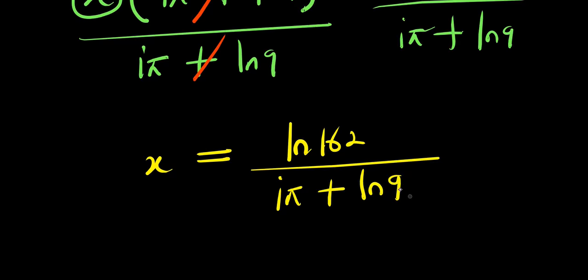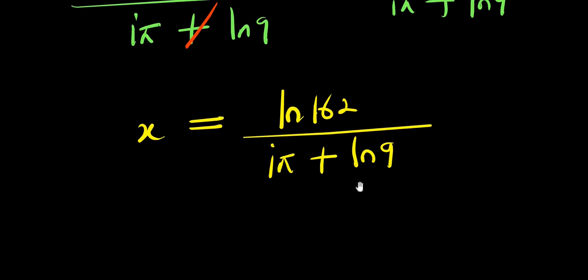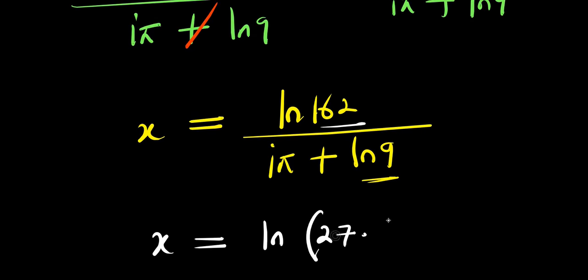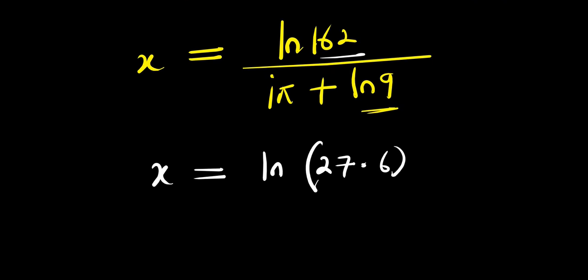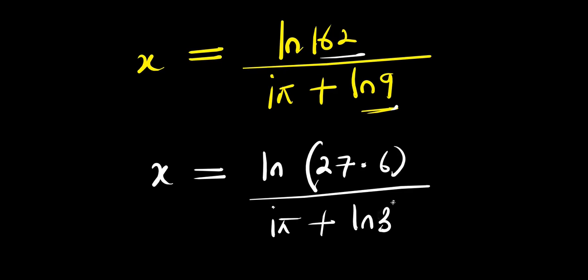Now we can decide to leave it this way, or you can simplify it further. Remember, I can express this natural log 9 as natural log 3 power 2, which is 2 times natural log of 3. So let's express it further. Now I can have x equals natural log 162, which is simply 27 times 6, divided by i times pi plus natural log of 9, which is simply 3 to the power of 2.